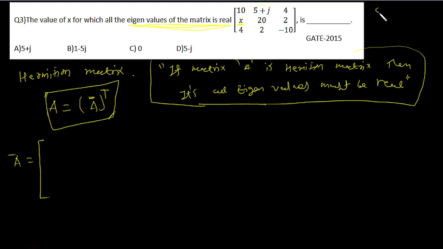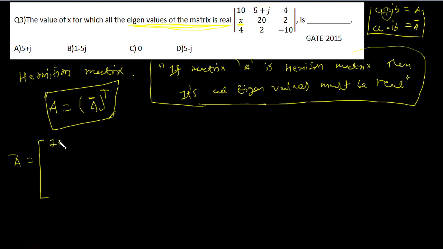For example, if I have an entry a plus ib, and I am interested in finding its conjugate, I just put minus in place of plus and write the rest as it is. So I have found the conjugate of this element. Similarly, in the same manner, I just change the sign of the imaginary part that is available in this matrix.